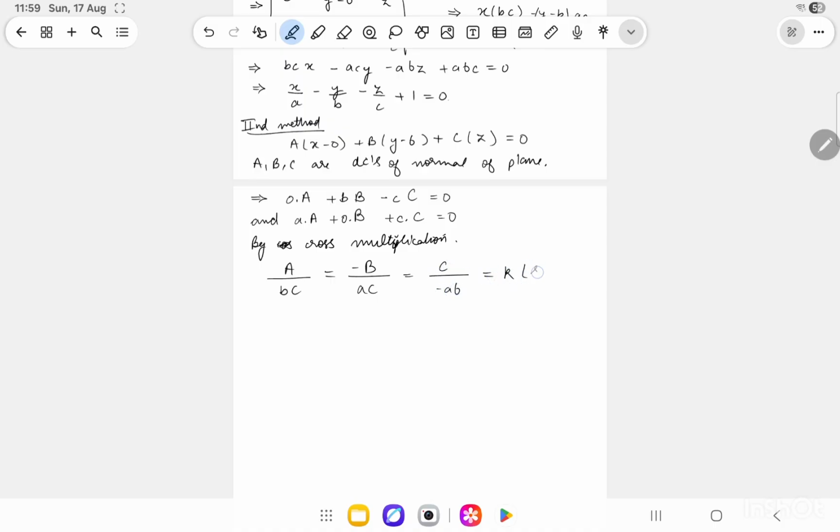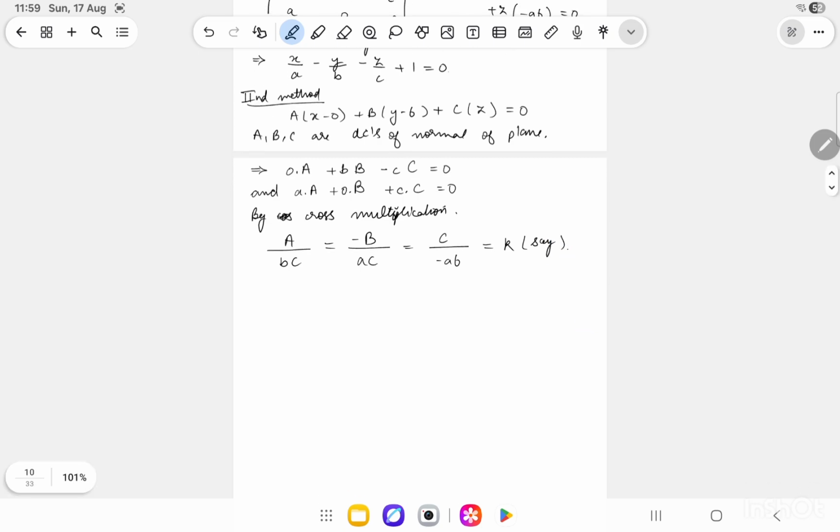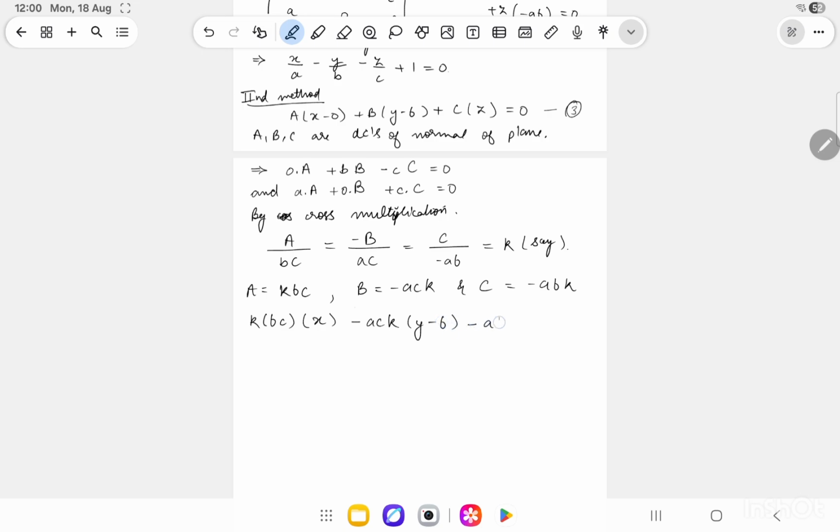Let us take this equal to small k. From here I can calculate the values of A, B and C. So my A is kbc, B is minus ack and C is minus abk. If I substitute these values of A, B and C in the equation of the plane that I have assumed, let us name it as 3, I will get kbc into x minus ack into (y minus b) minus abk into z equals 0.